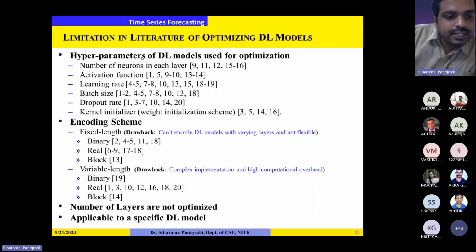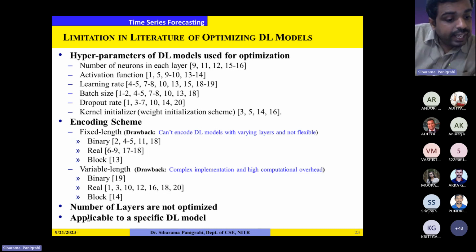And the next thing is the authors have used fixed length encoding scheme and variable length encoding scheme. The fixed length encoding scheme has the drawback that it cannot encode deep learning models with varying layers and is not flexible. Whereas the variable length encoding scheme has the drawback of complex implementation and high computational overhead. And the fixed length encoding may be binary, real valued or block, or the variable length encoding may be binary or real encoded or block encoded.